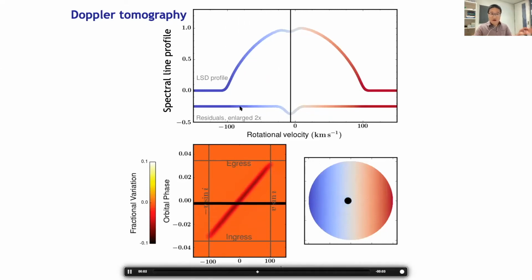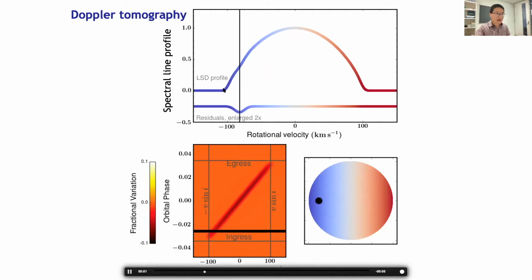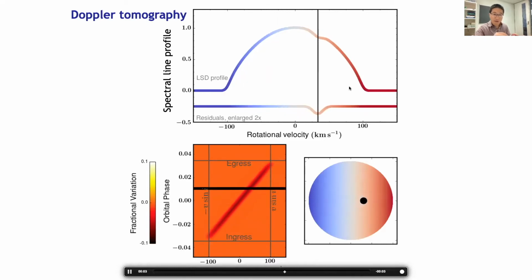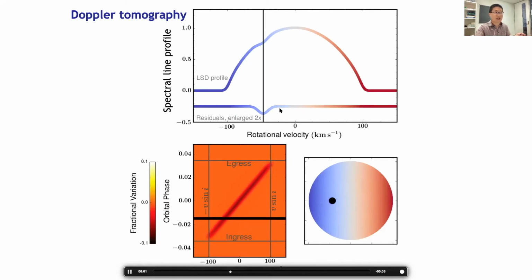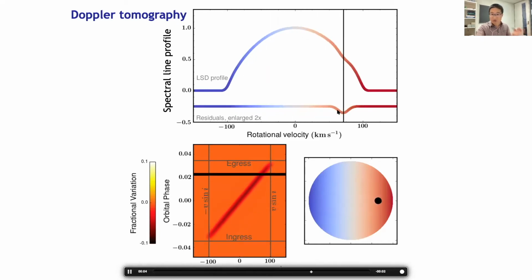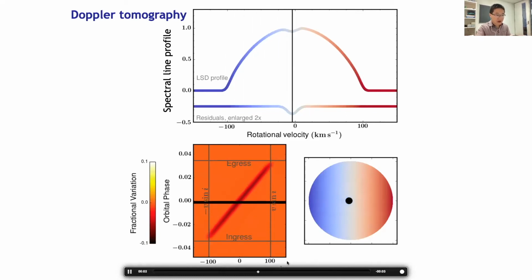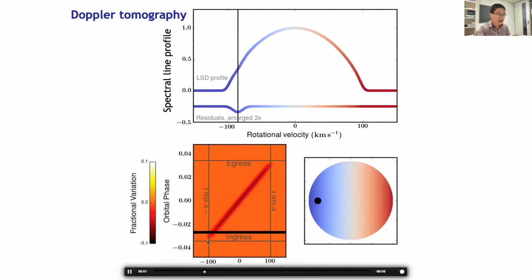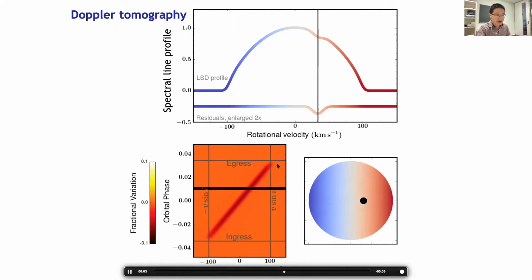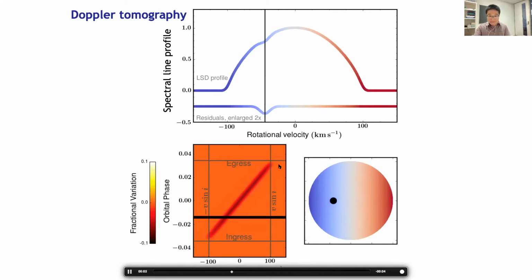But instead of measuring the net red and blue shift of that star, we're mapping out the line profile, the spectroscopic line profile, and looking for that dimple, that shadow that's cast by the planet directly. We can map that shadow as a function of time on the y-axis and the velocity of the shadow on the x-axis, and the direction of that shadow tells us what the obliquity angle of that planet is.